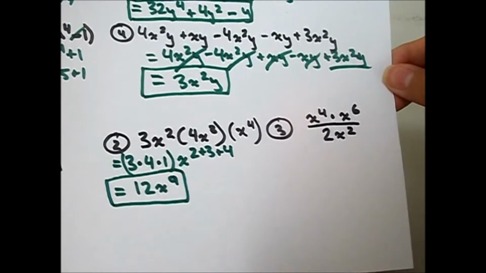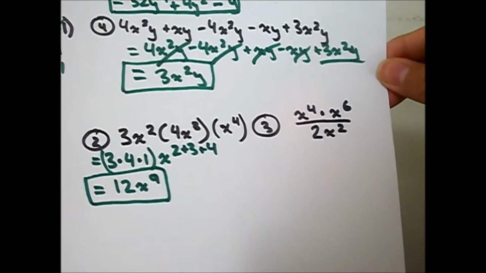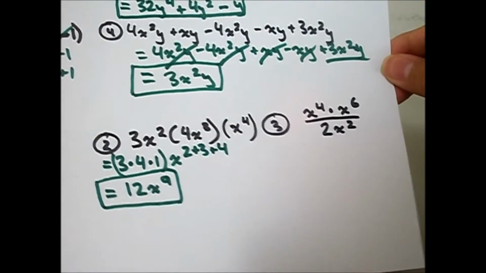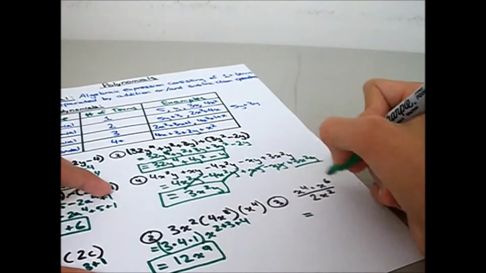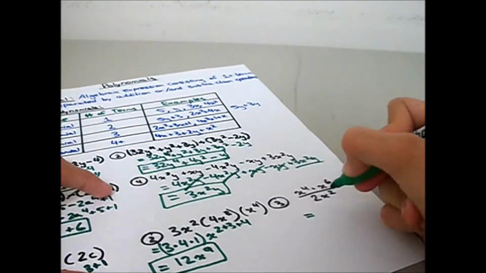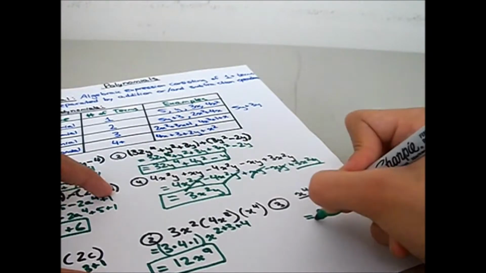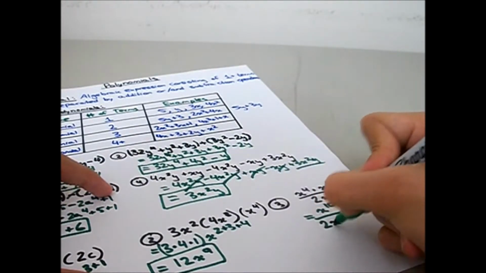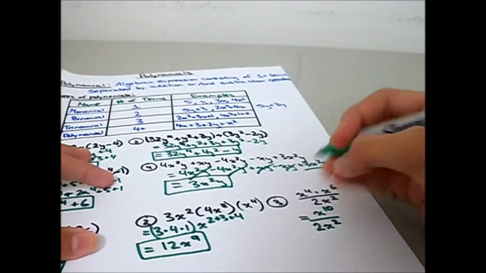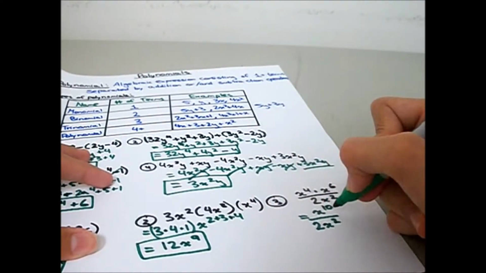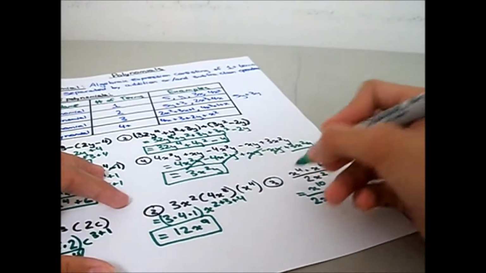And much more complicated. x to the power of 4 times x to the power of 6 divided by 2x squared. So we'll just simplify this by adding the exponents here. So x to the power of 4 times x to the power of 6 will give us x to the power of 10 divided by 2x squared. So now what we can do is subtract the exponents here. x to the power of 10 divided by x to the power of 2.